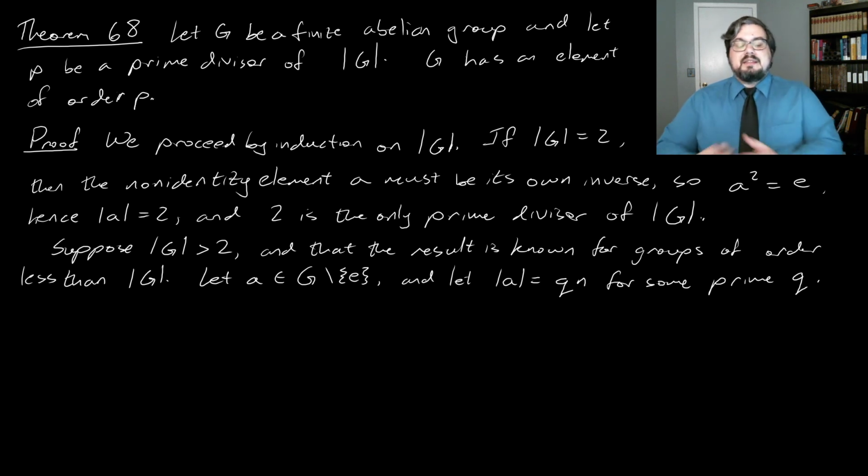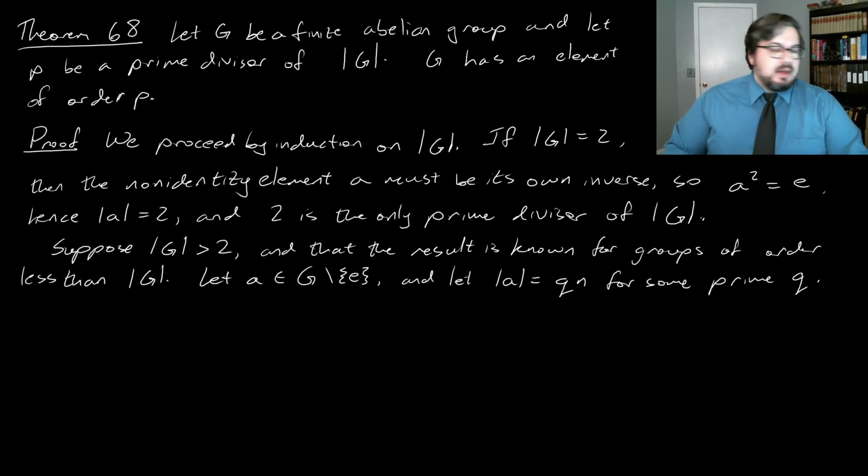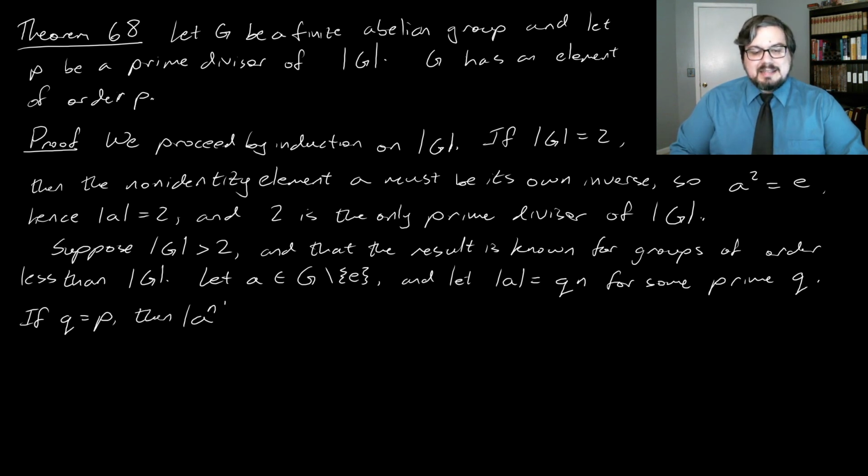Because the order of A is not 1, that means that the order of A is divisible by some prime number. Let's let q be one of those prime numbers. If q equals p, then the order of A to the n, which is q, is also p, so we're done.